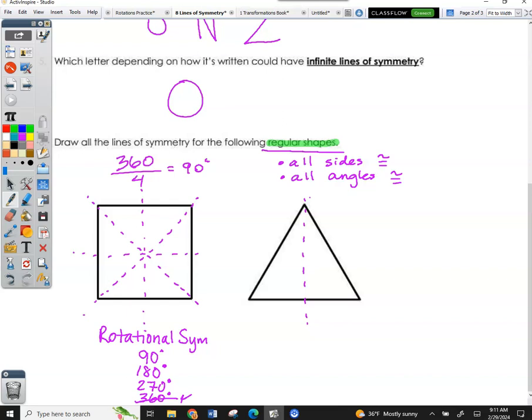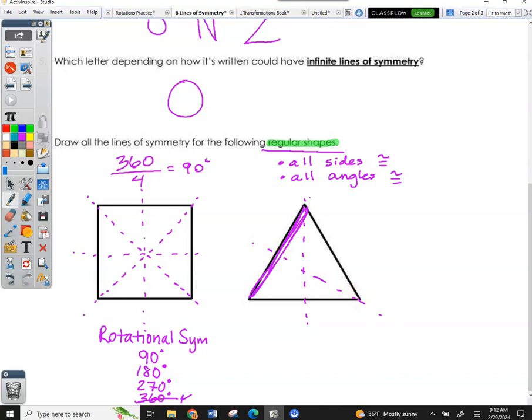So if you are looking up here, because I can't turn my image, this is my base, the bottom. I want you to take your paper and turn it to where this is the base. Do you see this line of symmetry now?